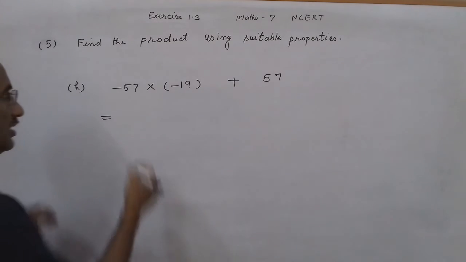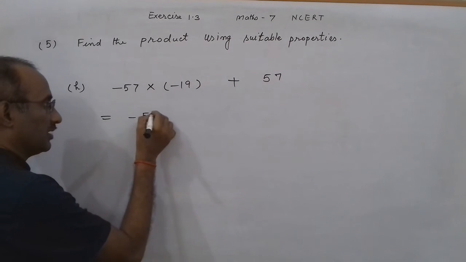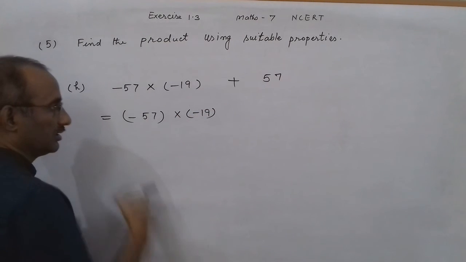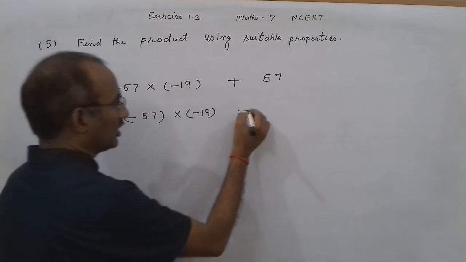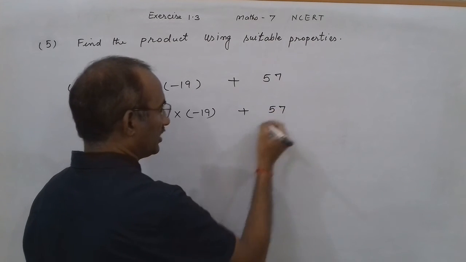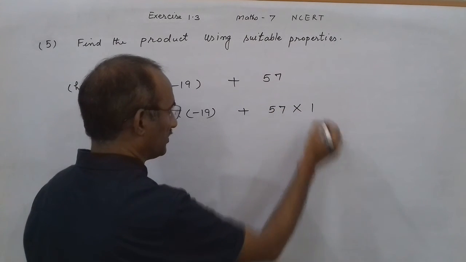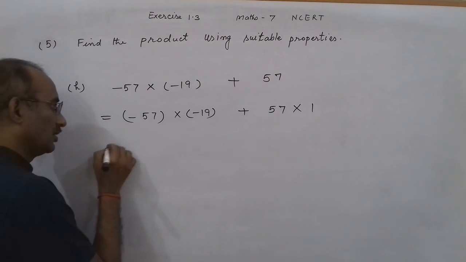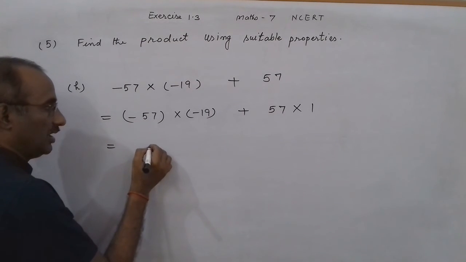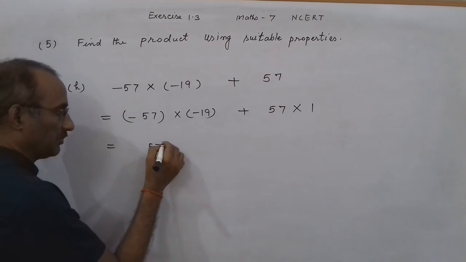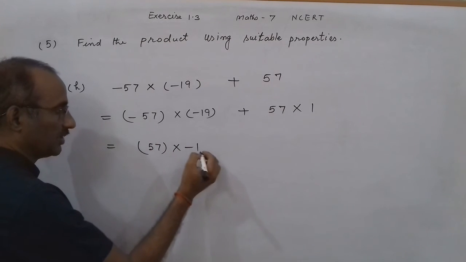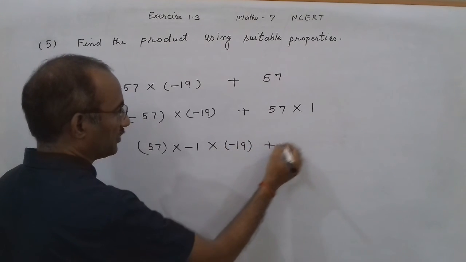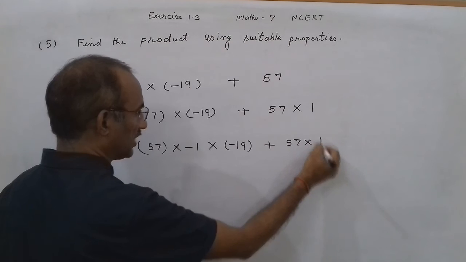You can see here that minus 57 multiplied with minus 19 and you can take 57 multiplied with 1, and this can be written as 57 multiplied with minus 1 multiplied with minus 19 and plus 57 multiplied with 1.